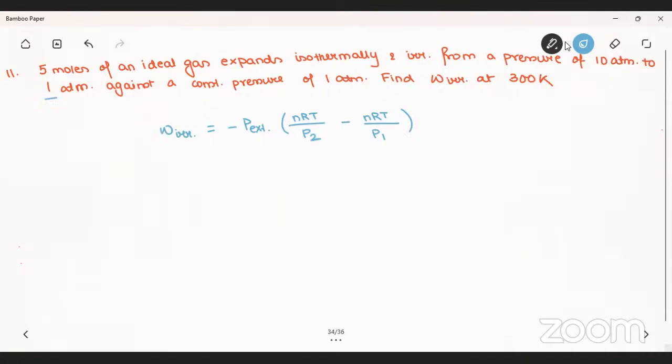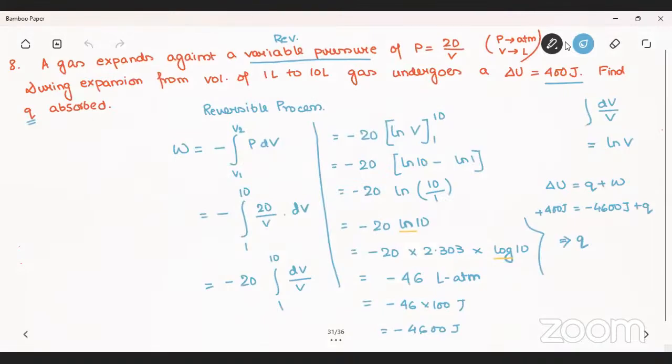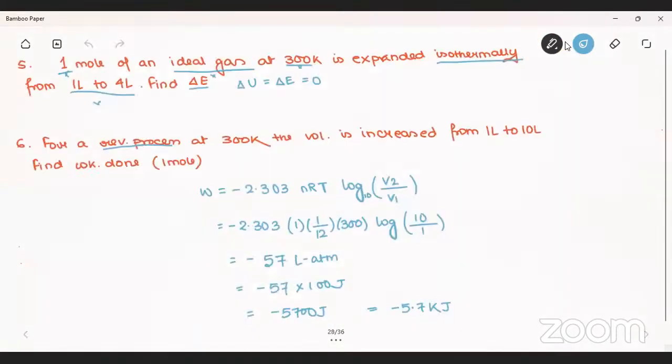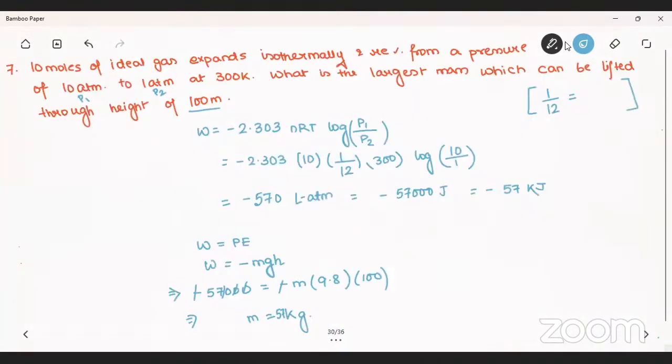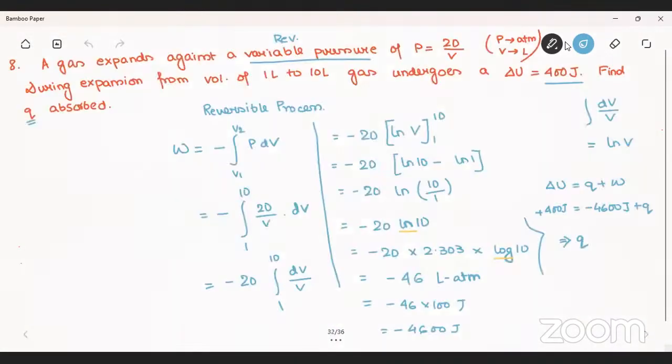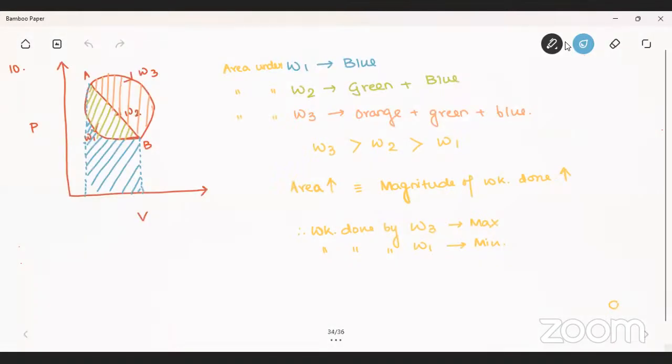In the note I wrote somewhere that the P external, if it is the final pressure, that only we will consider. Now, is this part clear? Whole sum. Now you can put the values and solve.